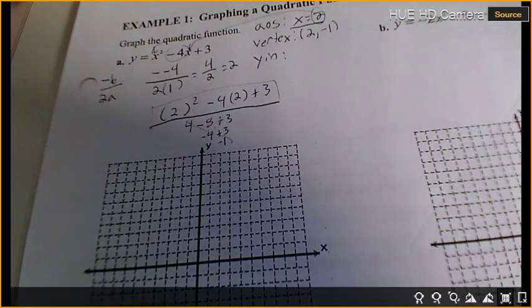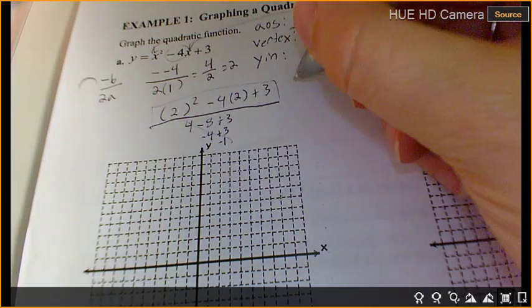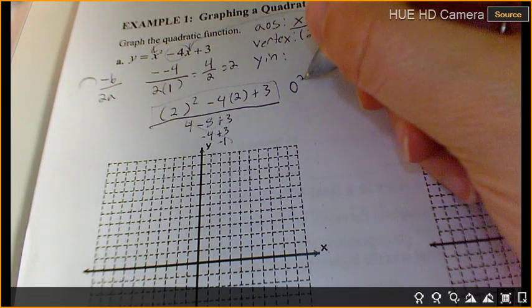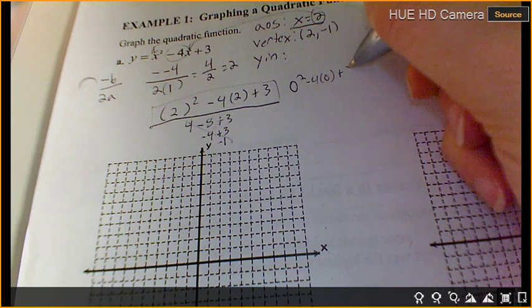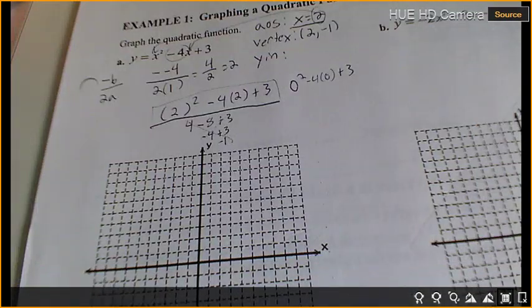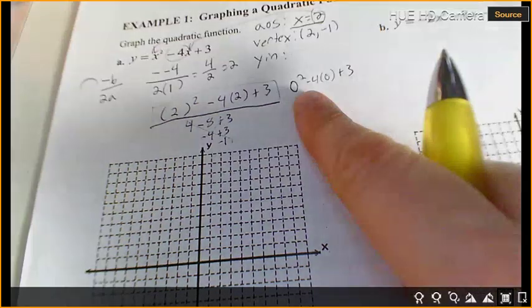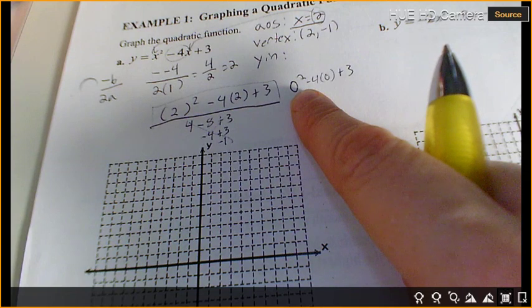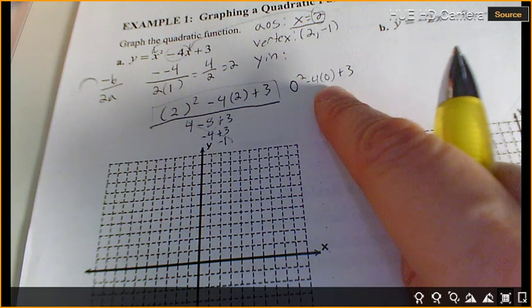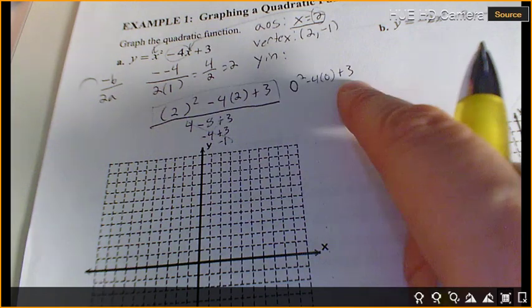Yeah. So we're going to plug in 0. 0 squared minus 4 times 0 plus 3. What's my answer going to be? 0 squared is 0, negative 4 times 0 is 0, 0 plus 3 is 3.